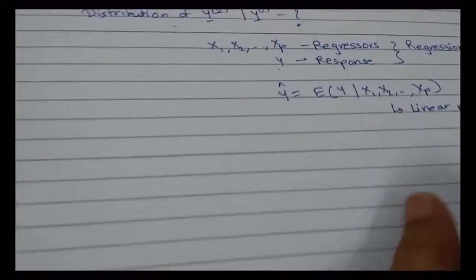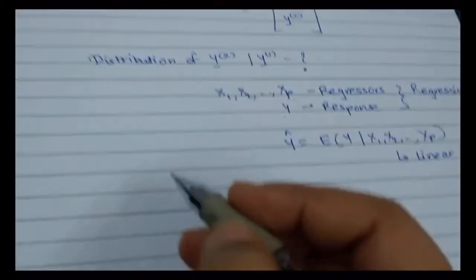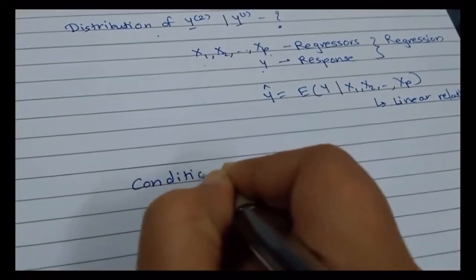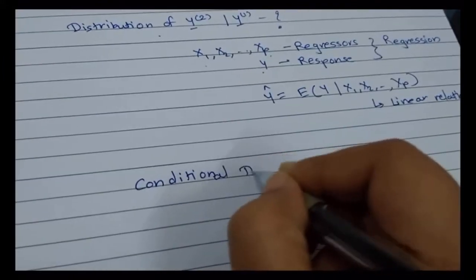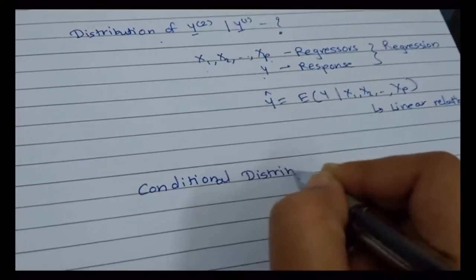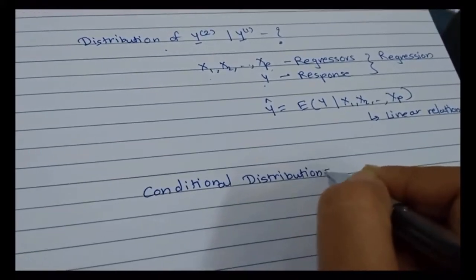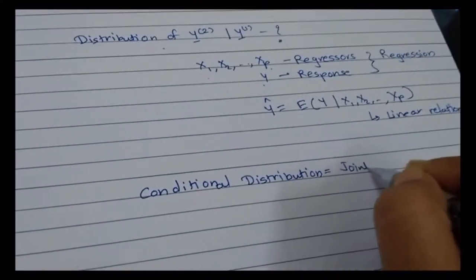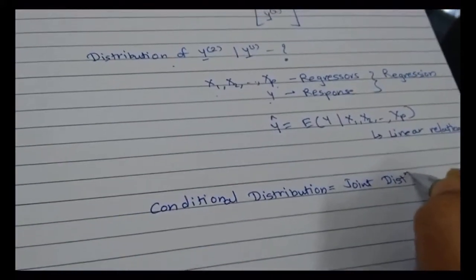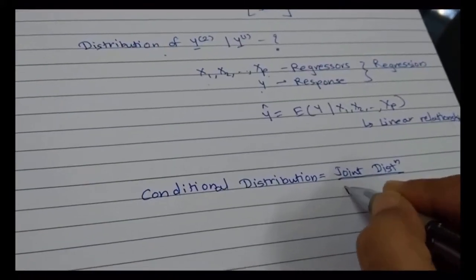What we know about conditional distribution so far is that conditional is joint upon marginal. This we have been using since BSc first year.